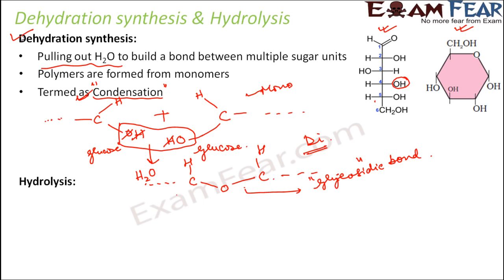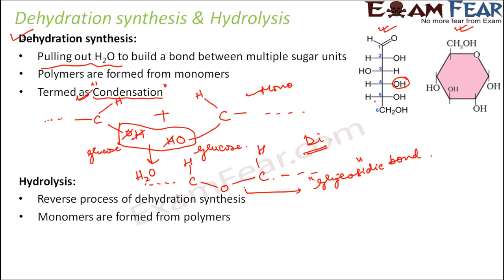Now, a simple common sense. When you wanted to form the polymer from monomers, what did you do? You took out one water molecule and you got a disaccharide. Now, if you want to do just the opposite thing, what should you do? Exactly. You should add one water molecule. So adding that water is known as hydrolysis. It is the reverse process of dehydration synthesis.